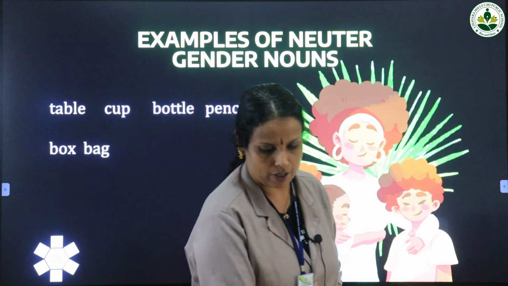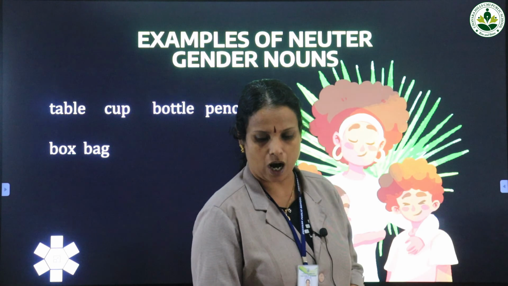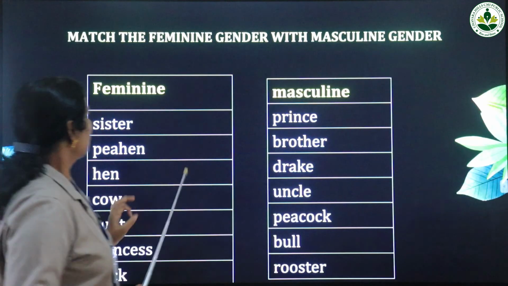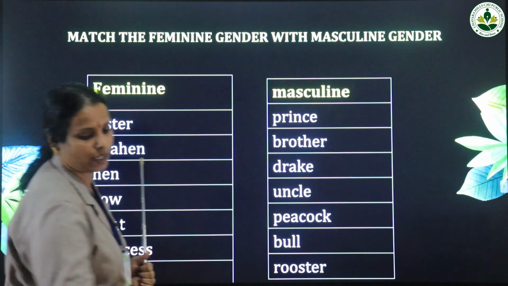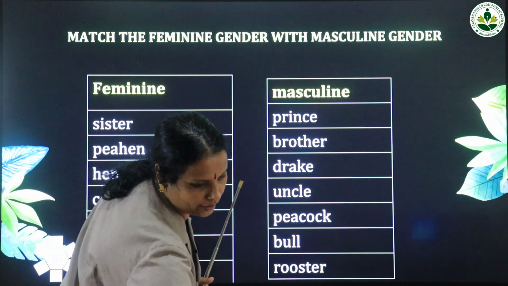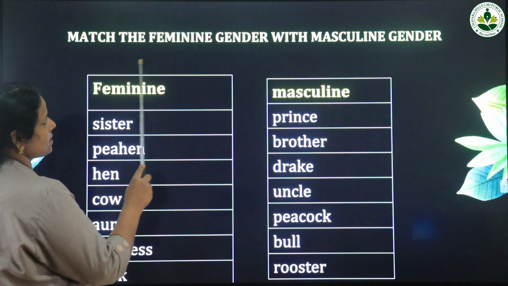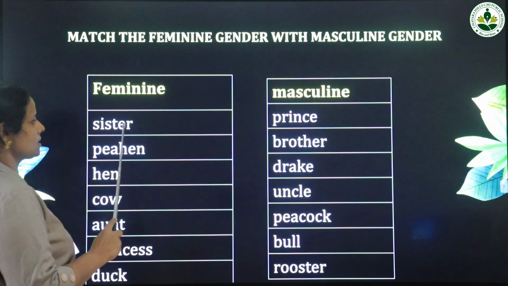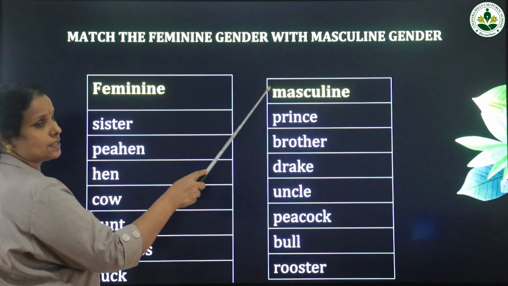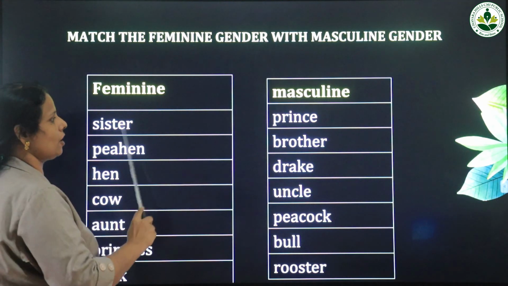So this is about chapter 3, noun gender. Then you have to do some exercises in the textbook itself at page number 14. Here you see, match the feminine gender with the masculine gender. First one is sister. You have to see which is the masculine of sister.